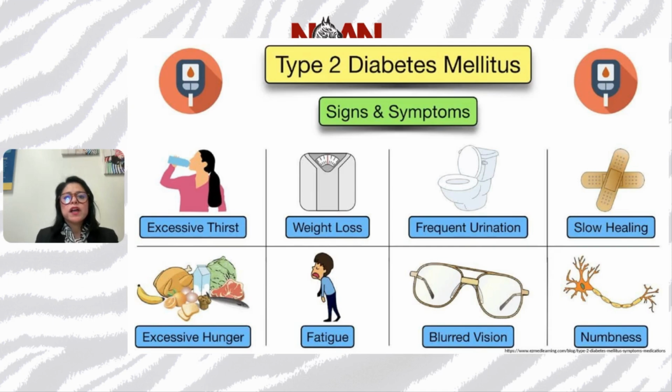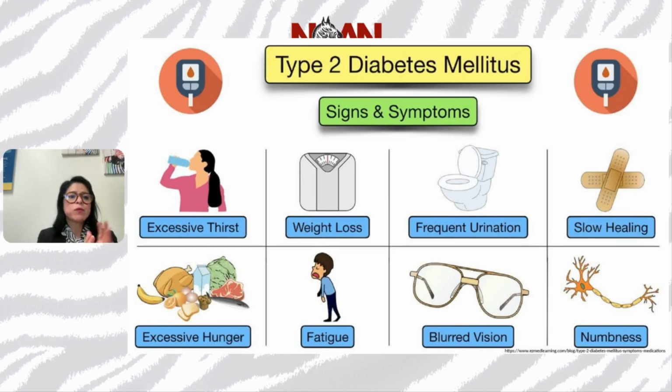And in cases where it is persistently elevated, it can cause what we call type 2 diabetes. Type 2 diabetes is when there is insulin, but there may not be enough insulin, or the insulin is not doing the job that it's supposed to do.